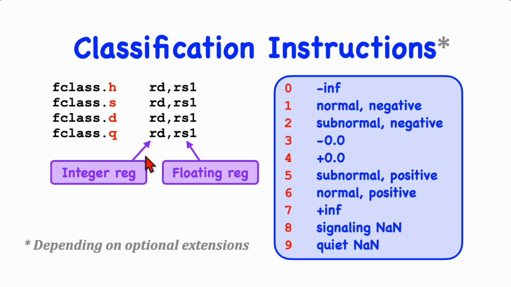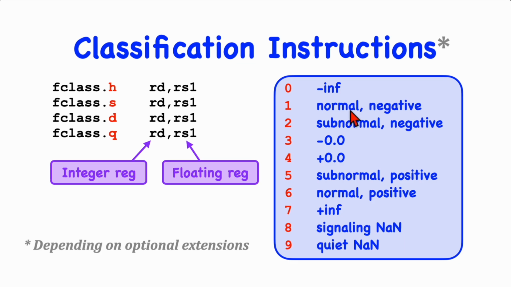One very useful instruction is the FCLASS instruction. It takes a value in a floating point register and determines what sort of floating point number it is, and it stores a code value into one of the general purpose integer registers. There are several variations of this, so there are 4 different size suffixes. Remember that a floating point value can be positive or negative infinity, positive or negative 0.